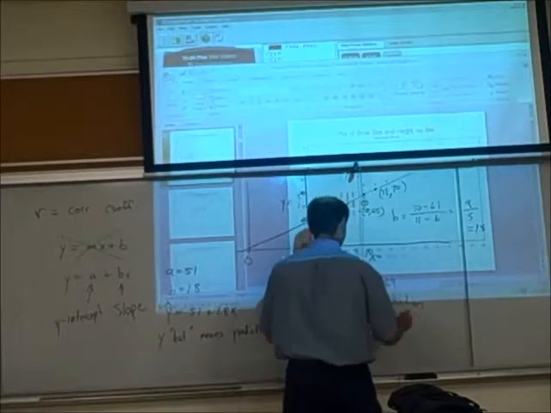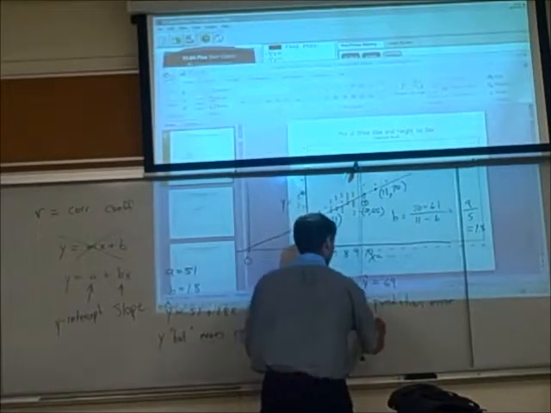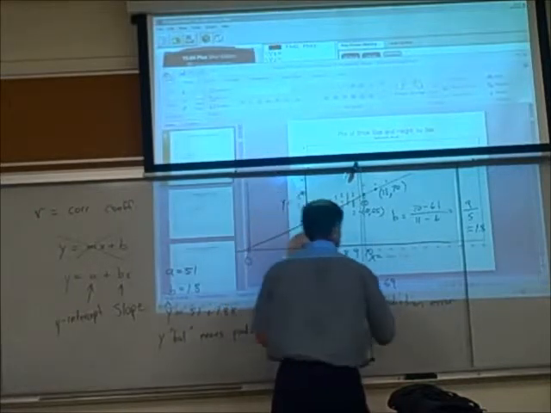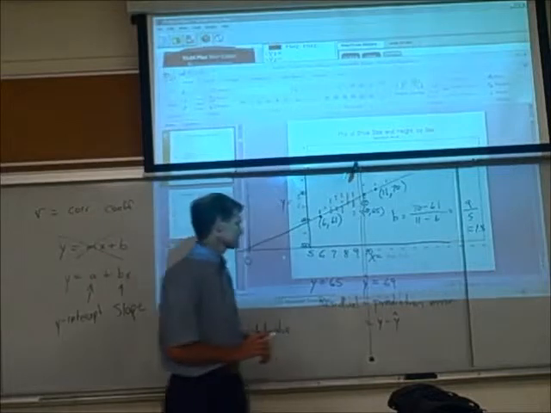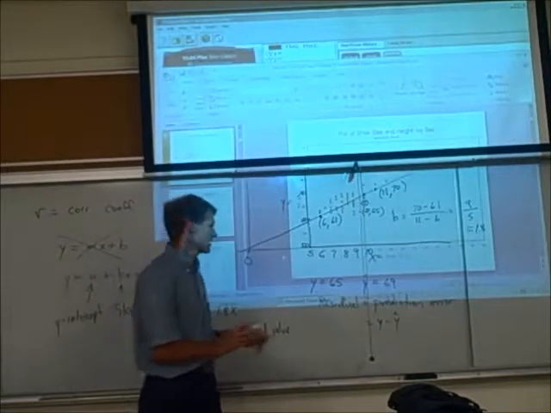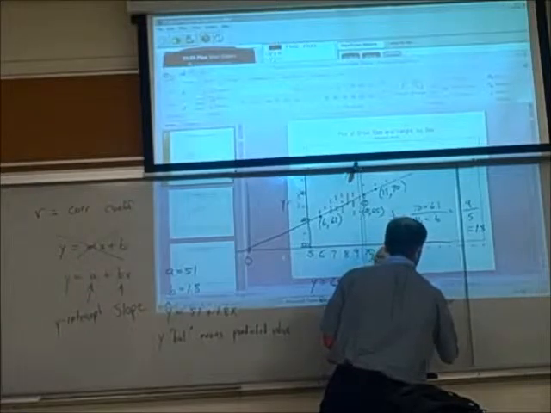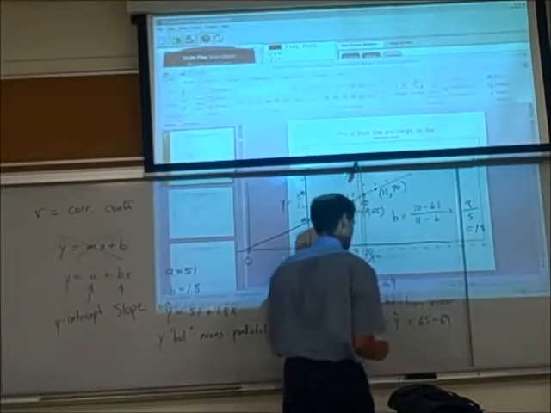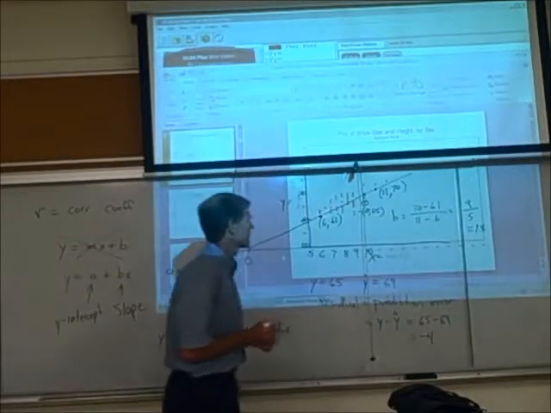Okay, that's fine. I'll come back to that. Residual is the same thing as prediction error, and that is Y minus Y hat. That's how you compute it. So in this case, that's 65 minus 69, which is negative 4.